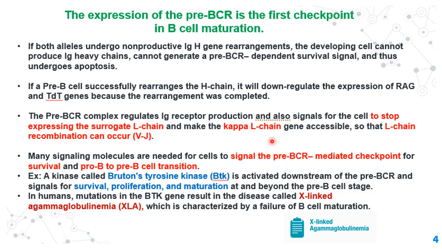Here you have your surrogate light chain, a kappa chain, and so on. What is important here is that your cell is developing from the pro-B stage, when you have your pre-B cell receptor, to the pre-B stage.